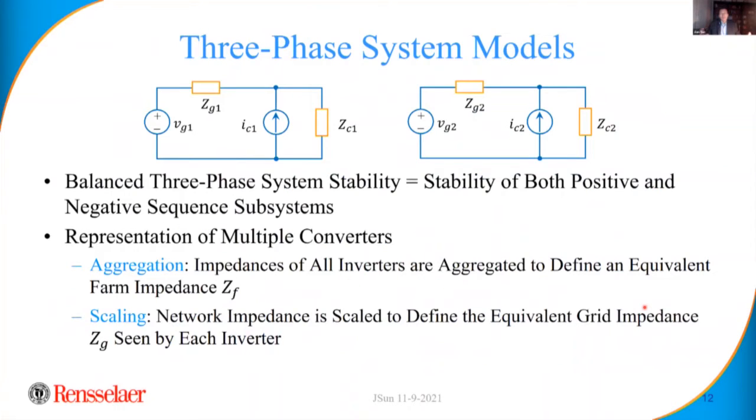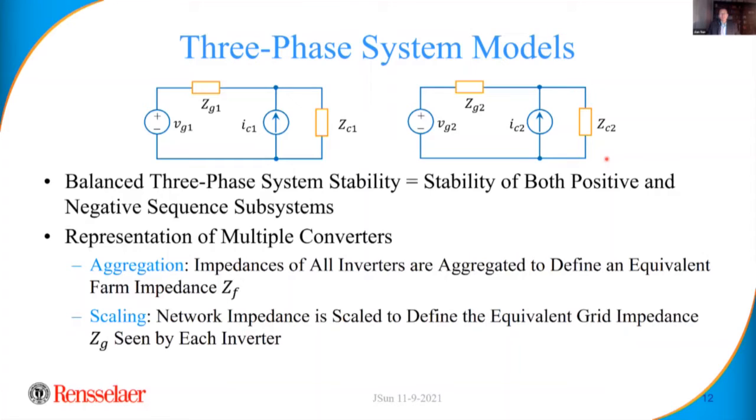And based on that, the system model we developed would also have two parts. If we ignore the zero sequence, we would have a positive sequence model, which is the same form as for a single converter connected to the grid. You've got a positive sequence source model, a positive sequence converter model, and then a negative sequence. So the three-phase system is effectively decomposed into a positive sequence subsystem and a negative sequence subsystem.